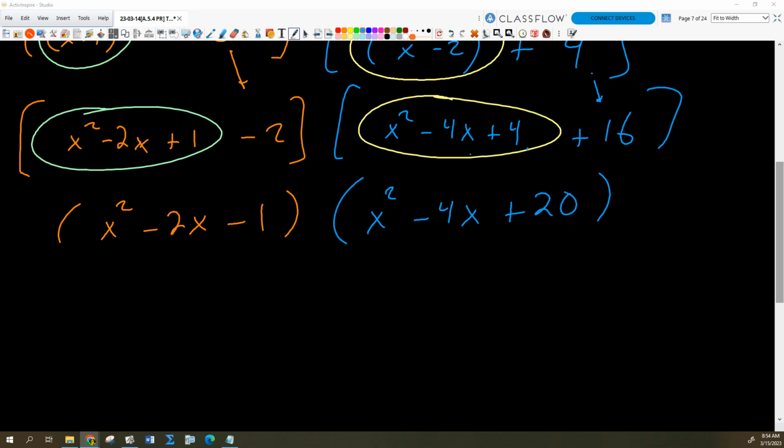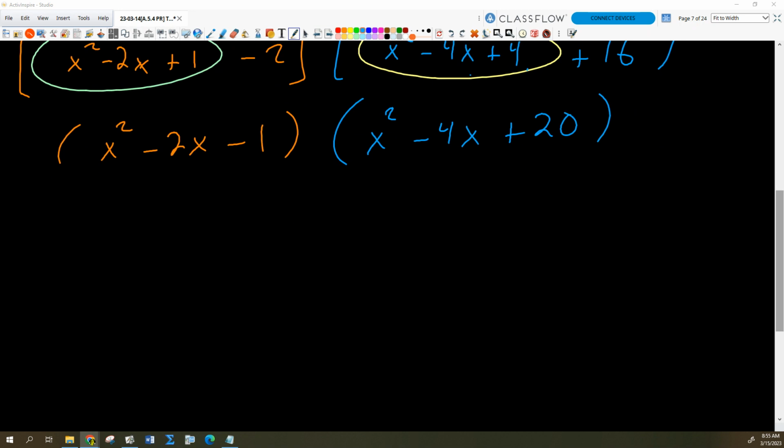20, okay? And then from there, now all I'd have to do is just distribute each orange term to the blue terms and add up like terms, right? That makes sense? Which I guess, let's just practice that real quick. It's the last thing we're going to do, and then I'll let you guys work. So then that would equal, if I distribute the x squared, I'm going to get x to the fourth minus 4x cubed, good.